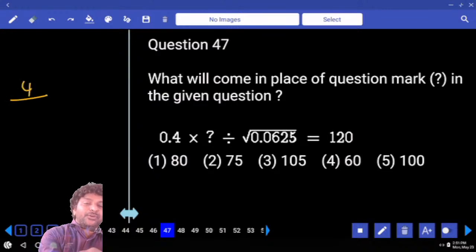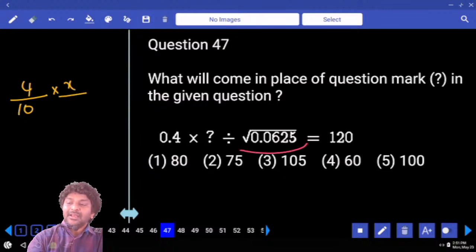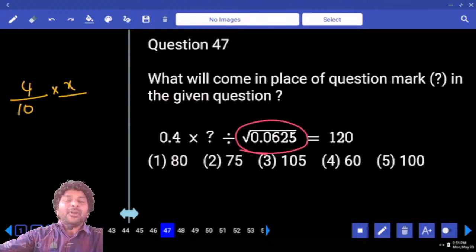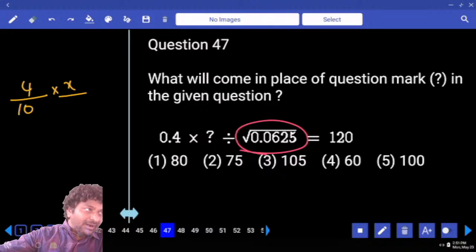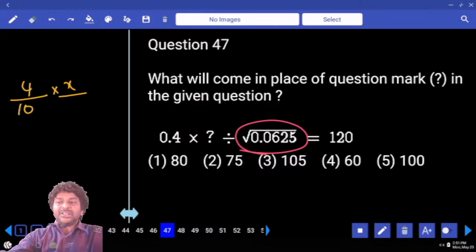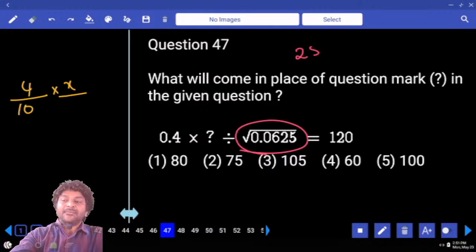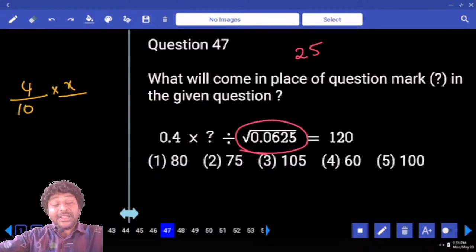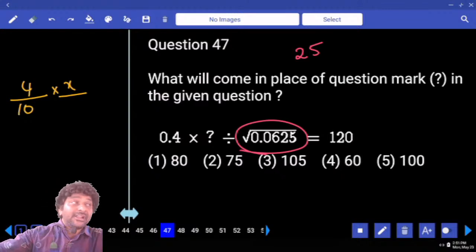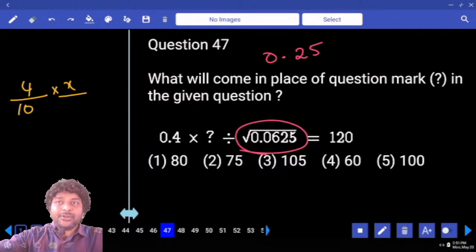0.4. Can I write it as 4 by 10 into x divided by the square root of 625? Forget about the decimal, forget about the under root value and decimal. What is the square root of 625? 25. Now after the decimal, in the under root, how many digits are there? 4. When it comes out, it should have 2 digits, right? Then it must be 0.25.